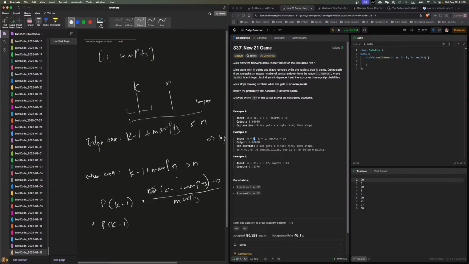Yeah, it will be a point where you have to reach k. So only if you add something that's larger or equal to k and smaller than n, only those will count.